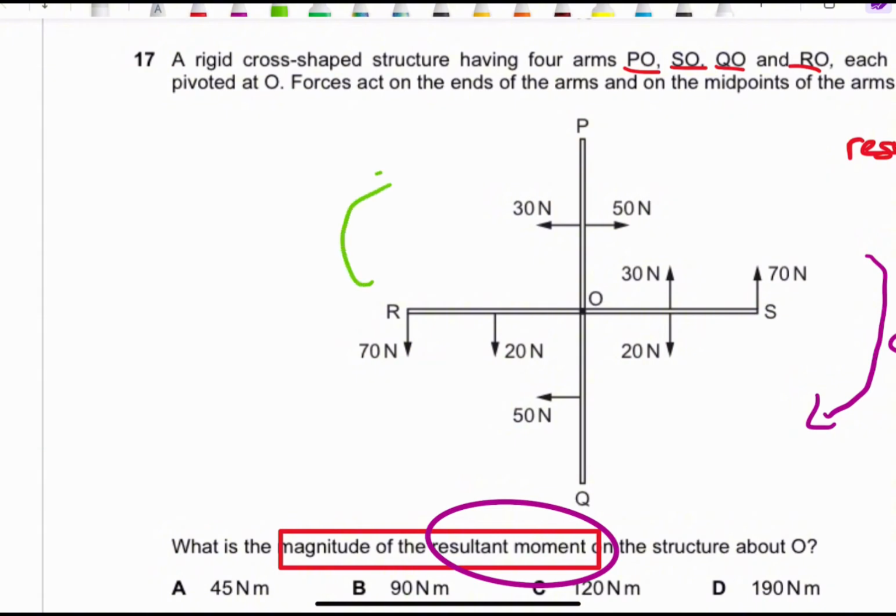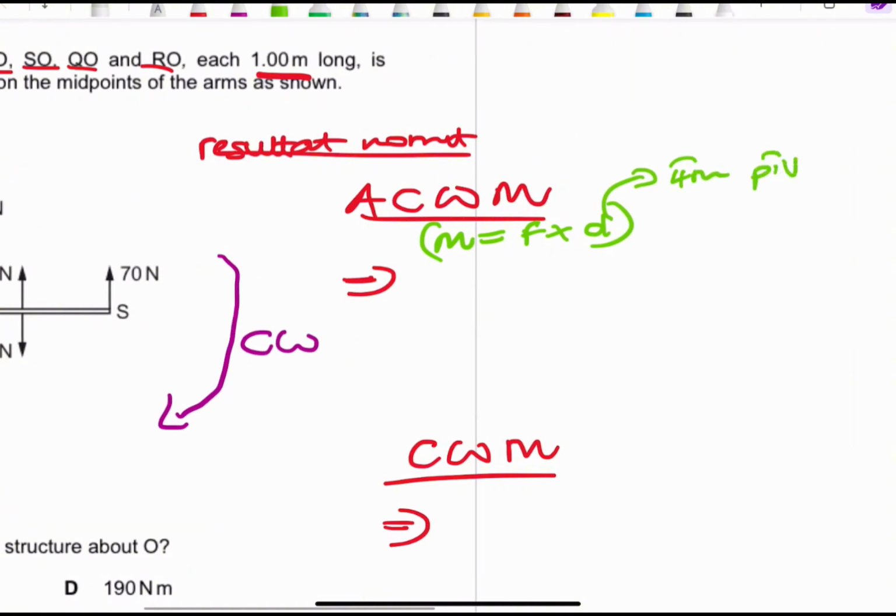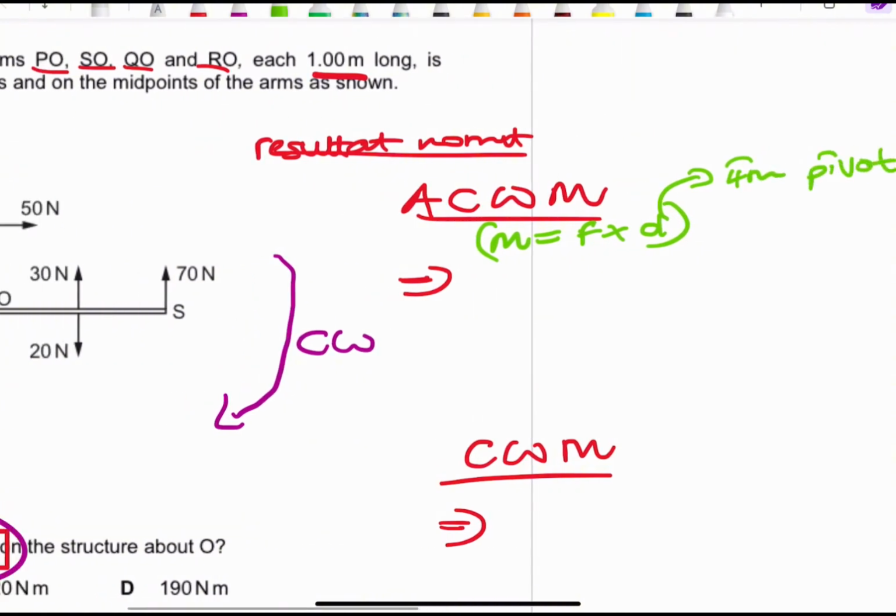So how do I find moment? Moment is actually the force multiplied by the distance from the pivot. That's very important.